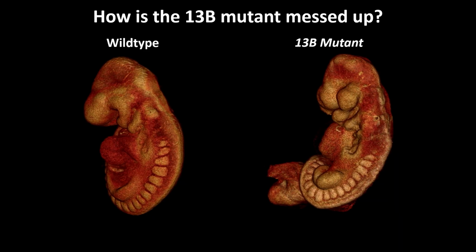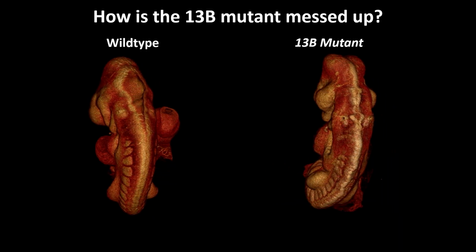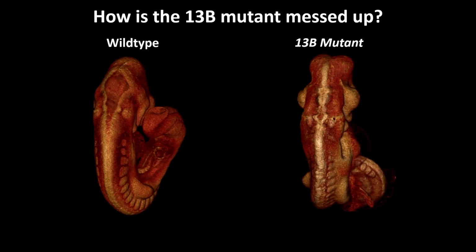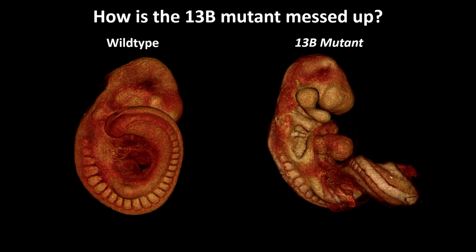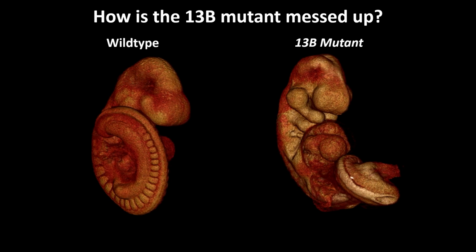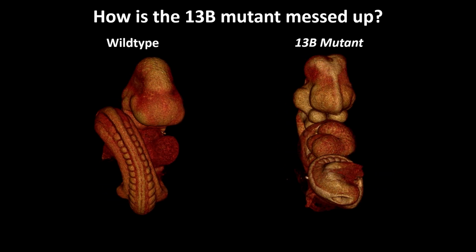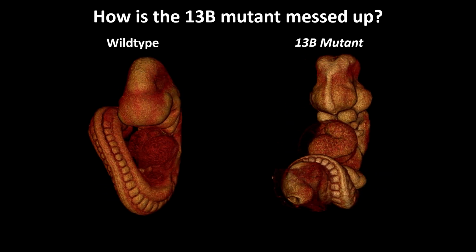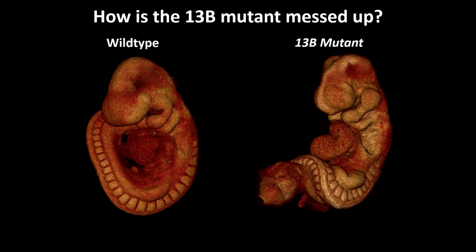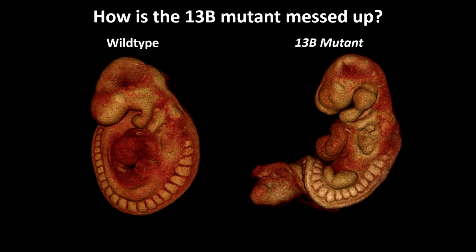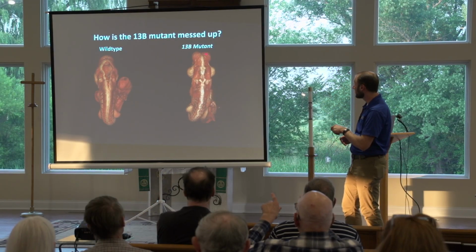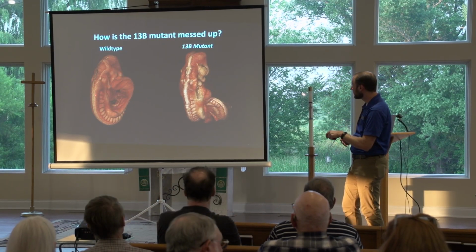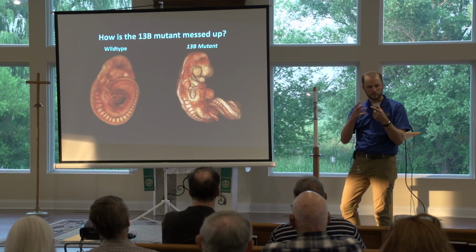Something that's wrong in the mutant compared to the wild type. Go ahead. It looks like the spine divides differently. And are you talking about like up here at the top? On the backside. Coming around. Oh, coming around. So clearly there is something going on with that spine, because up here at the top as well, and in here, it's closed incorrectly.